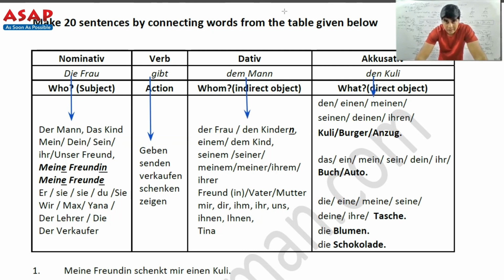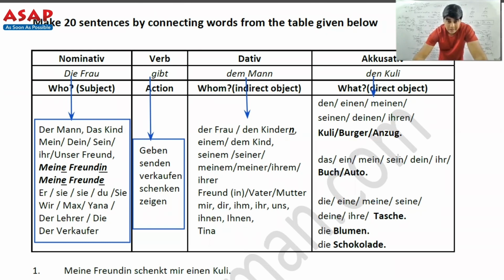Now I will again explain these things in detail. You can choose any of these subjects, as they are doing the action. Der Mann, das Kind. I guess using the subject is not difficult for you. You have already framed enough sentences, right? You can conjugate the verb properly. Please don't act like a robot. When I say combine these words, it's not random, you don't just pick up and combine.